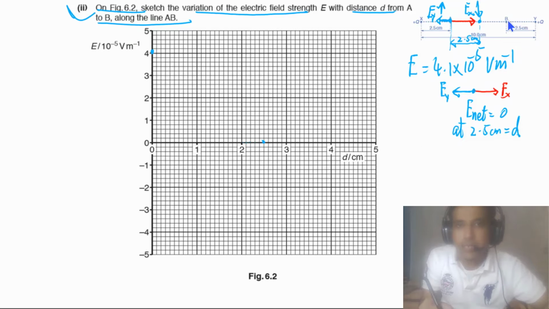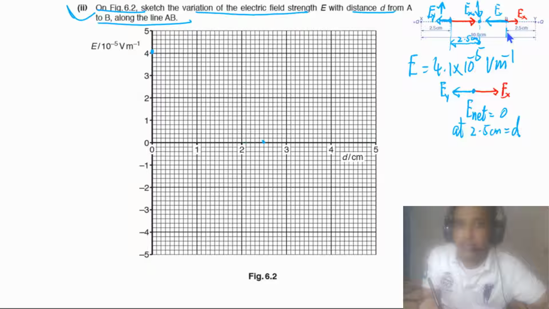And again at point B, the electric field has to be equal to this magnitude, because it is at a distance of 2.5 centimeters from this charge and 7.5 centimeters from X. So at this point we can redraw the arrows. Here EX will be this way, and EY at this point will be the stronger electric field, so this will be EY.